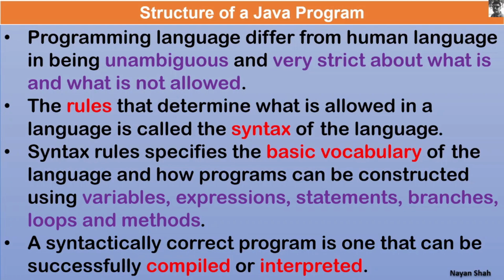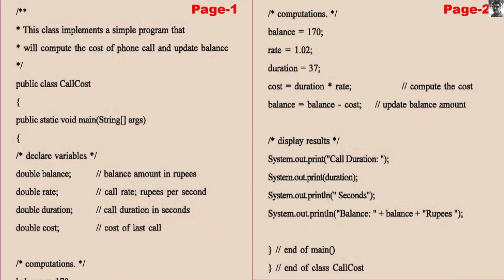Whatever is allowed, we have to follow, and whatever is not allowed, we cannot use in our programming language. Let me give you one simple example here. You know this System.out.print. Now in spoken language, if instead of print I say display, it is fine; it keeps almost the same meaning. But here we cannot change System.out.print to System.out.display or System.out.show.